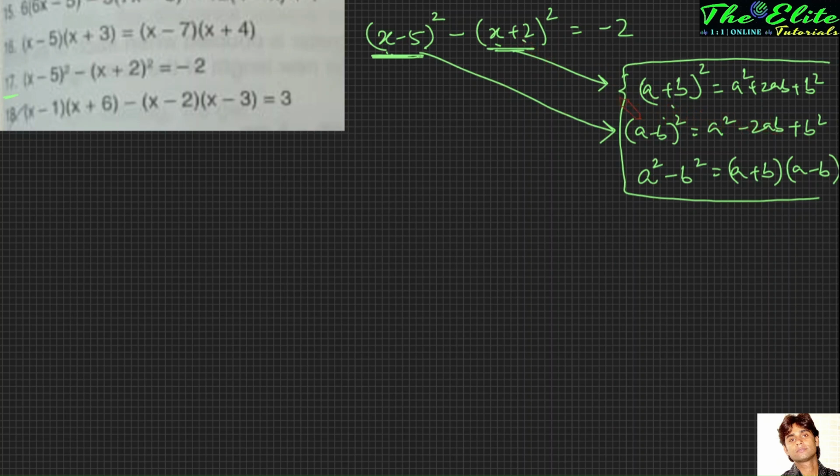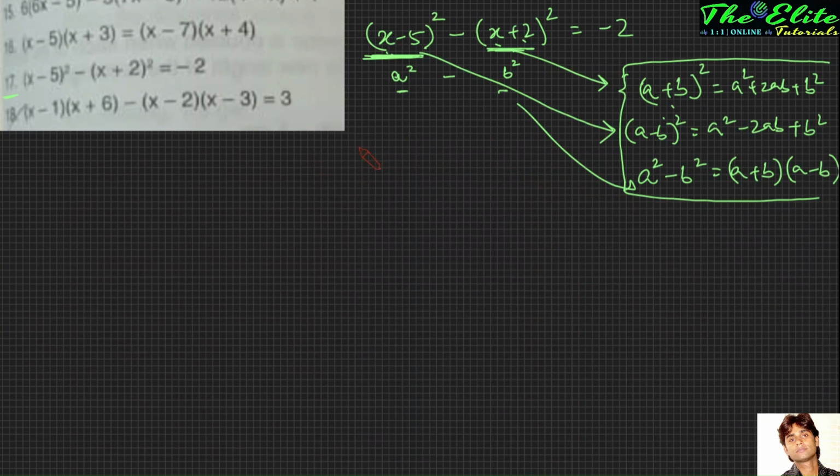But if you are a little smart, you can think: why not consider x minus 5 as a whole as a? So it will give you a square minus x plus 2 as a whole as b, which gives you b square. So now the scenario is a square minus b square. We can use this identity in that scenario, so this will be very easy for you.